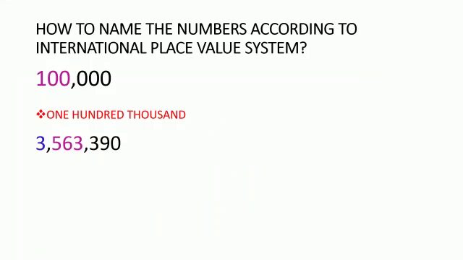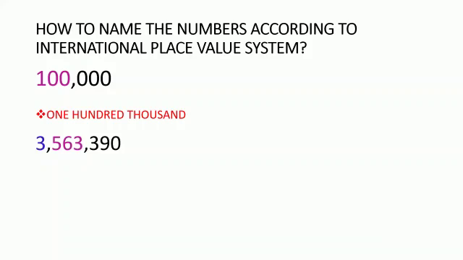From the last, we can tell that is 390, in ones period. Before that, there is pink color, that is thousand period. Before that, there is blue color, that is million period. That means in this number, in million period there is 3. So 3 million.